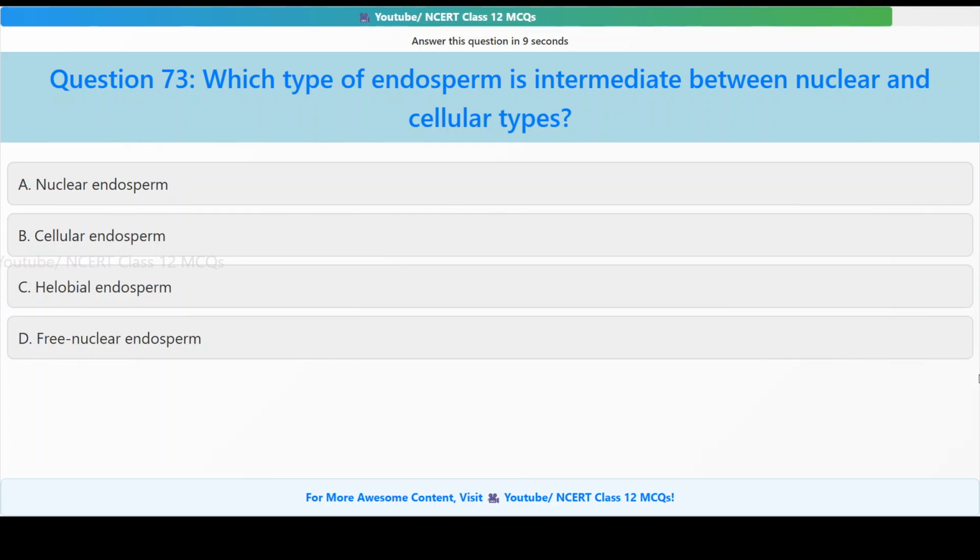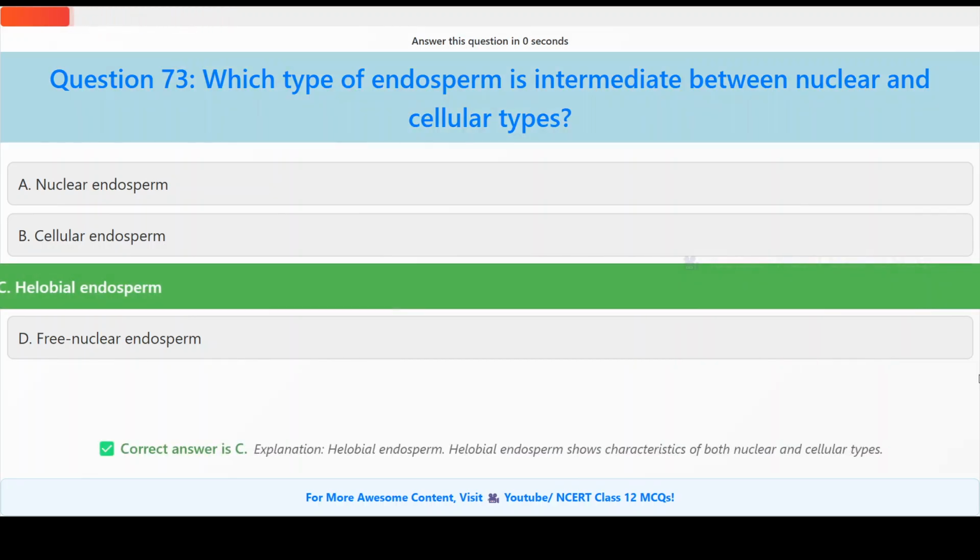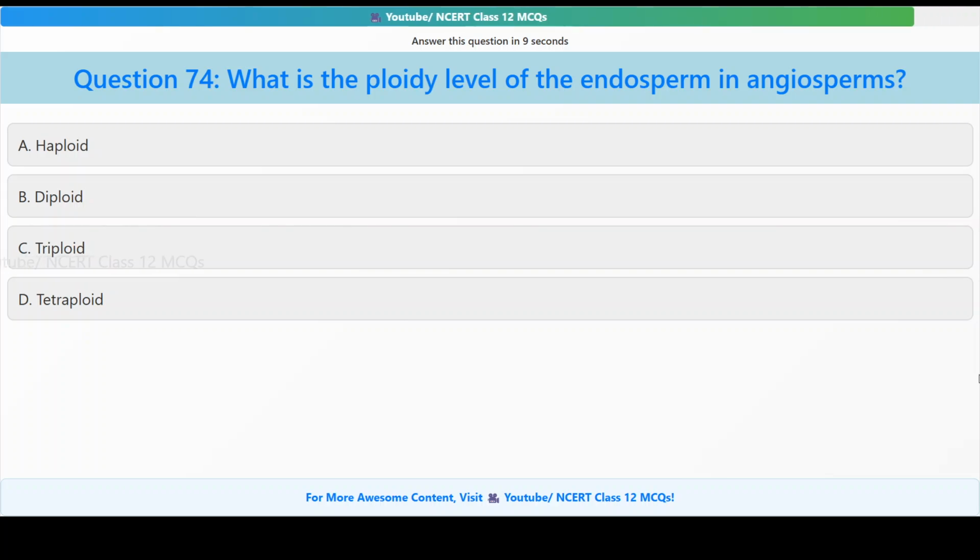Question 73. Which type of endosperm is intermediate between nuclear and cellular types? Helobial endosperm. Helobial endosperm shows characteristics of both nuclear and cellular types. Question 74.